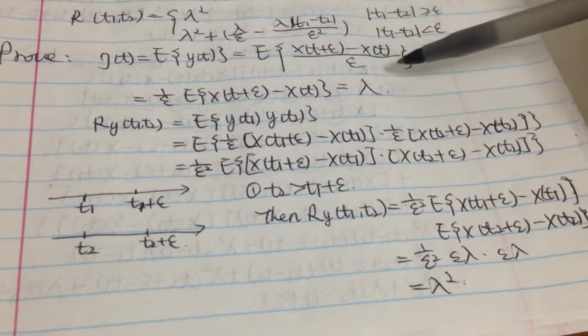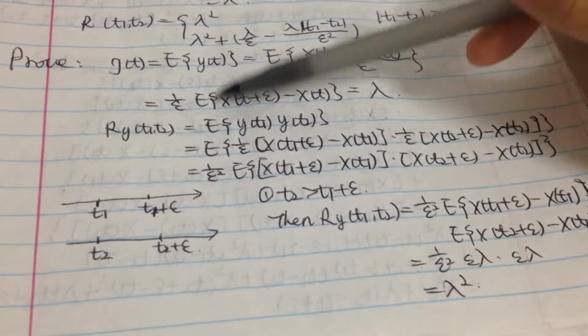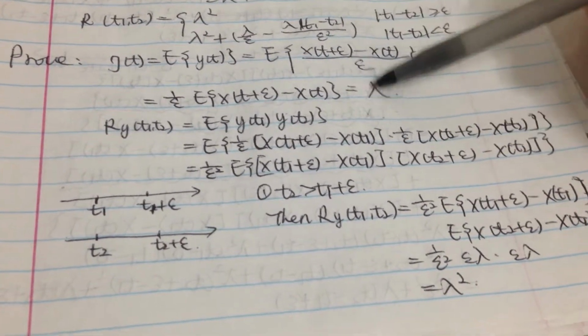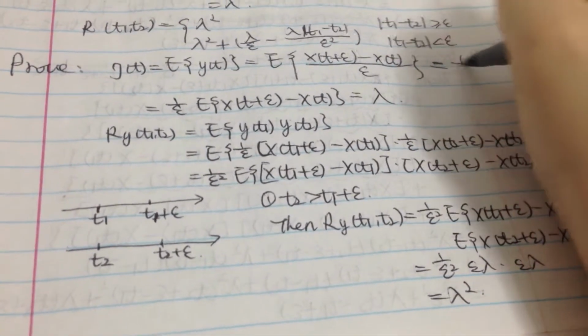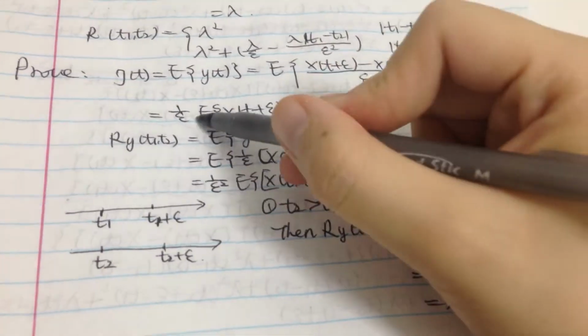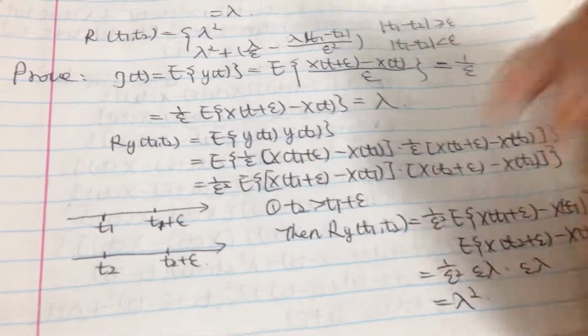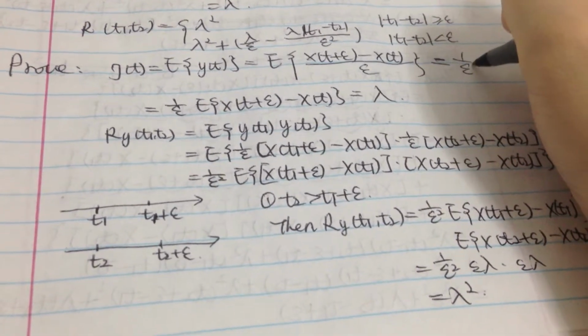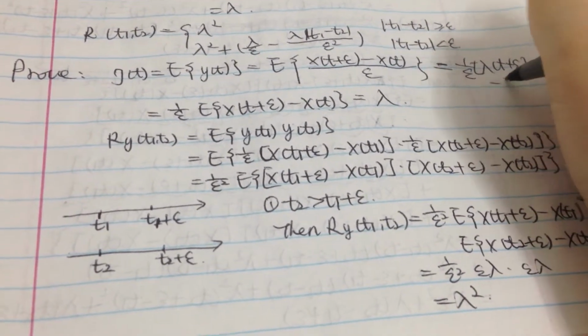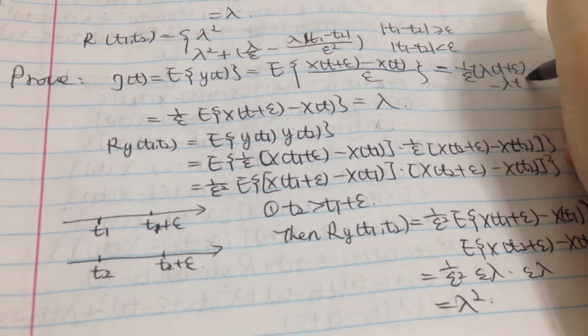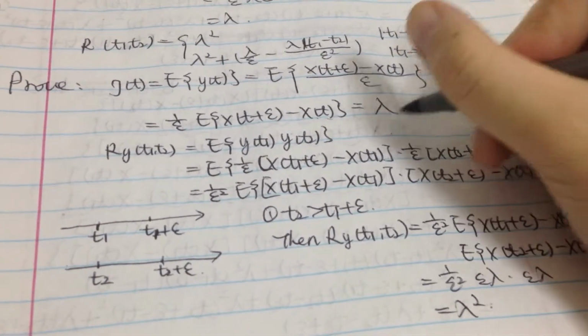So it is this one. So obviously we could know that this is lambda because this equals this one, and this one I could rewrite like this. So obviously here is a result.